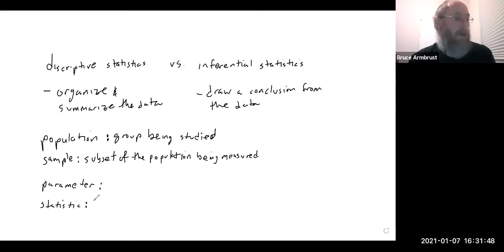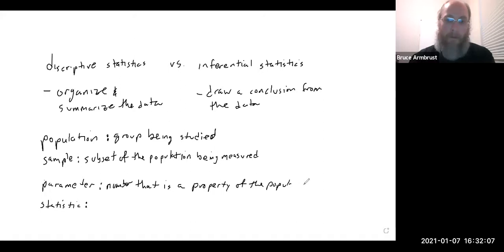So the parameter is a number that is a property of the population. So in this example, the parameter would be the average number of pets owned by a student at a California community college. Okay, that's going to be a number.